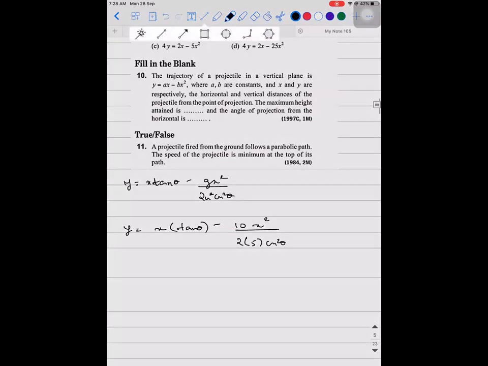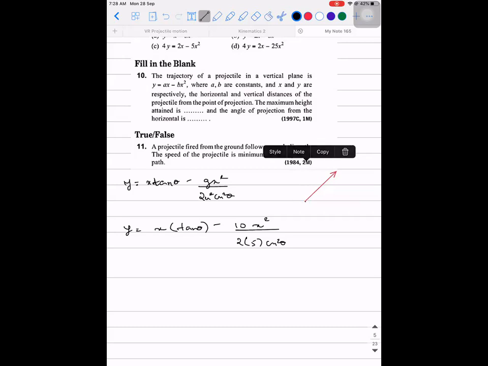If you recollect the basics from vectors, if there is a particle which is projected like this at an angle theta, if suppose I write this vector a as x i cap plus y j cap, then what is the angle made by the vector with respect to the horizontal?